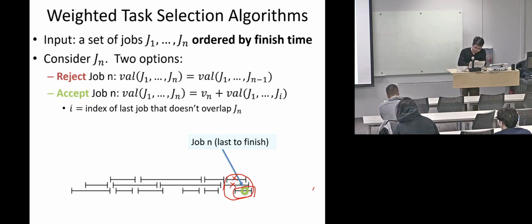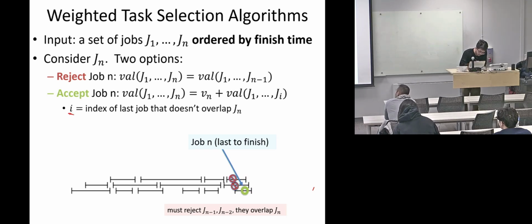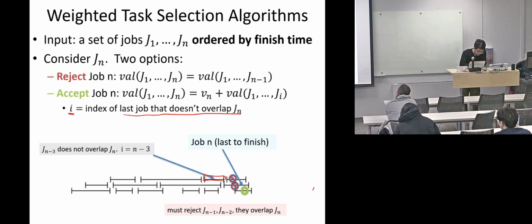So let me say that I is the index of the last job that is disjoint from Jn, that doesn't overlap with Jn. So it's going to be like this one, for example. Like I here is going to be n minus 3, because Jn minus 3 doesn't overlap with Jn.